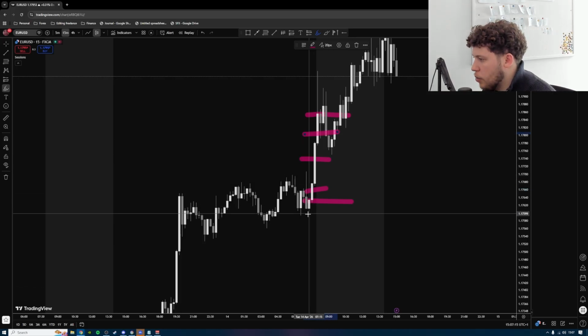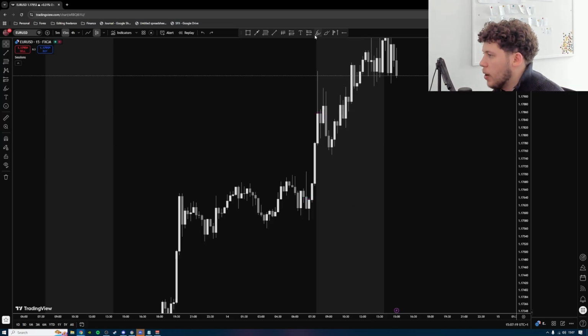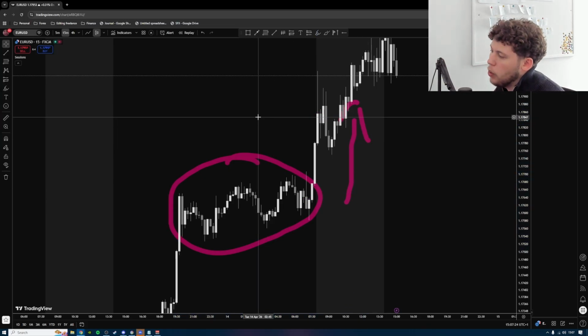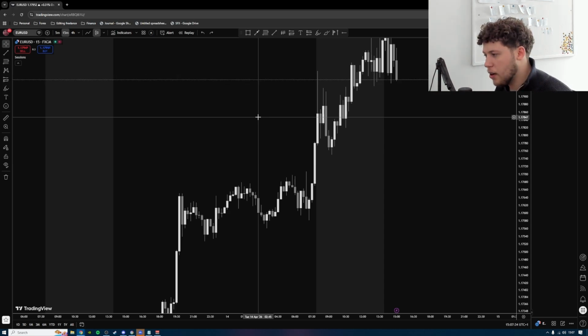So we've got 3 candles all imbalanced in the same direction going to the upside, which fits the structure that we're already following.